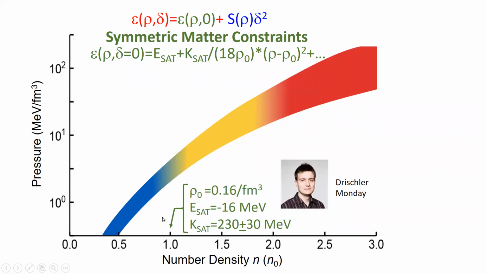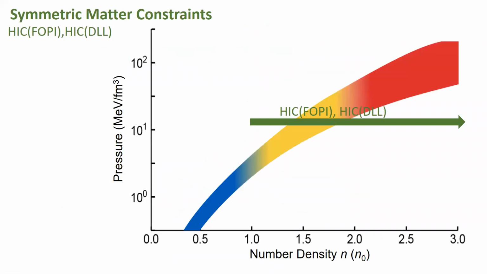So I just leave it at that. And then the incompressibility is 230 plus or minus 30. For me, I use a larger range of 30 MeV. Okay, so that's the symmetric matter constraint at rho zero, at the saturation density.